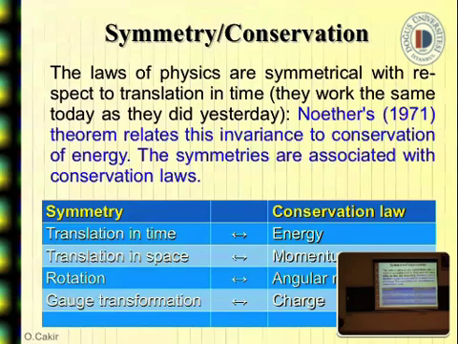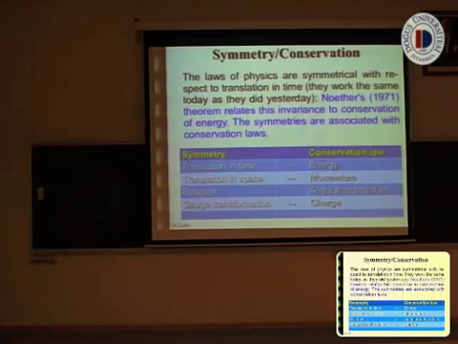In particle physics, there are symmetries and conservation laws. Noether's theorem says if there is a symmetry, then there will be a conservation law. For this reason, we may group some of them here.